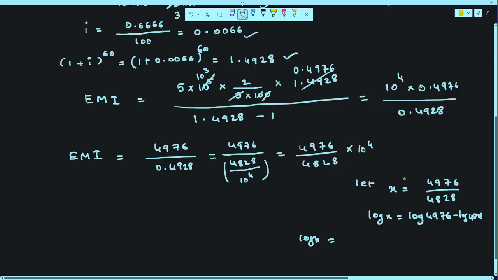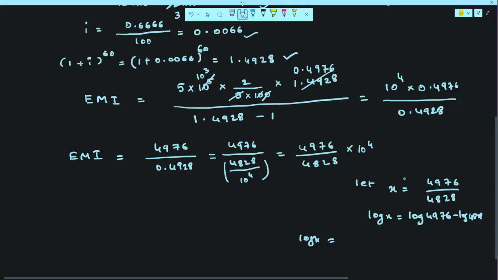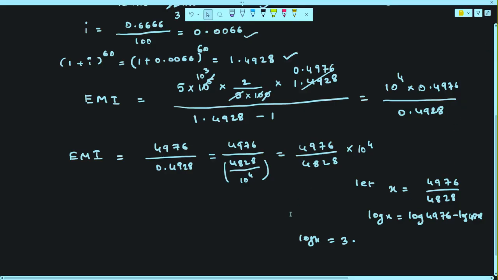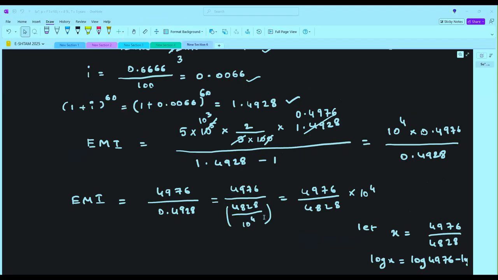Please check the logarithmic values and let me know. It's 4 decimals, so you have to write 3 point. So 4976 is how much in the log table? Are you checking that value, or should I do that on the board? I will enable this setting.